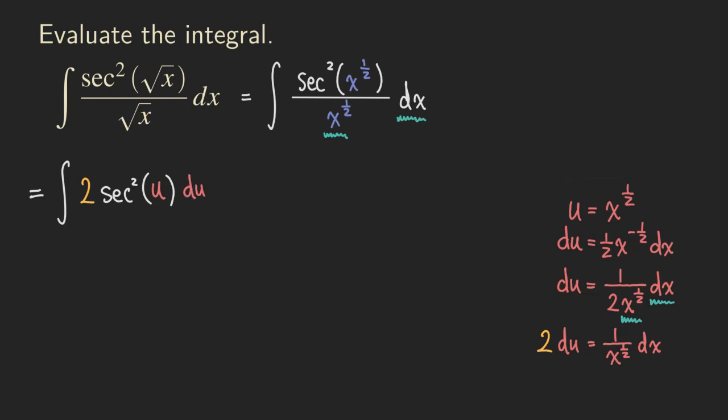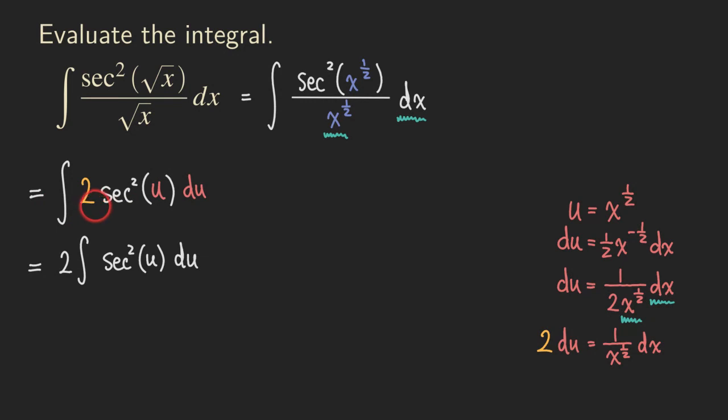Okay, so now we get our new integral which involves u only. And yeah, so there was an extra constant term multiplied to the secant square, but we can move it outside the integral, so we don't need to worry about it too much. So it becomes 2 times secant square u du.